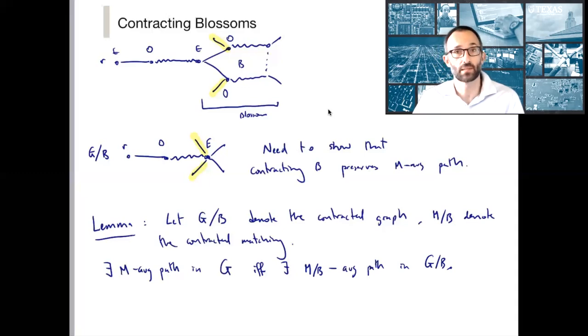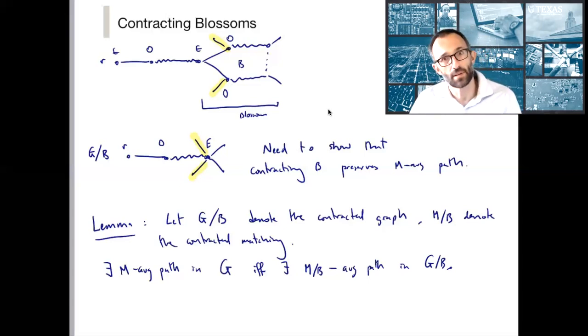First, I find an augmenting path, and in that case, this lemma says that I'll find an augmenting path at some point where I may have contracted several blossoms, but this lemma says that if there exists an augmenting path in the contracted graph, there exists an augmenting path in the original graph.